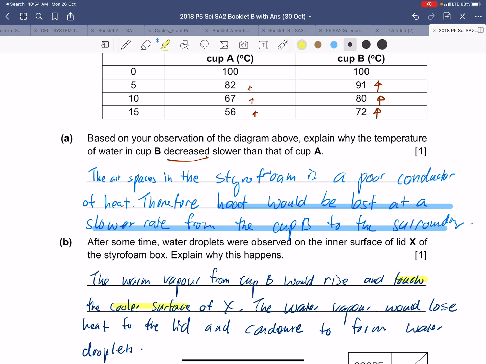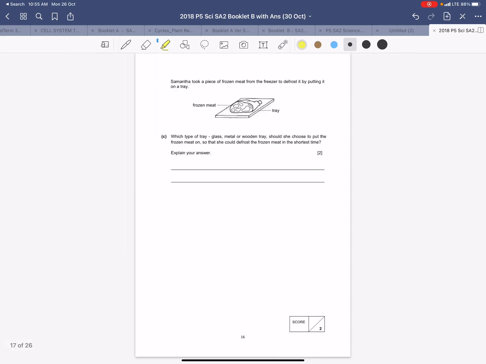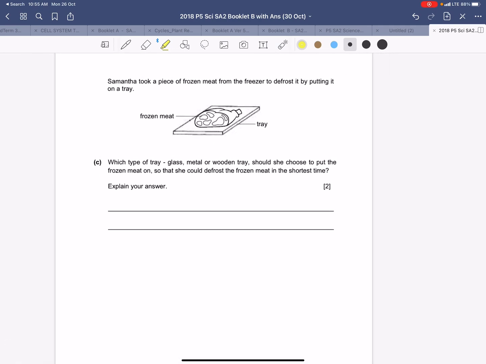And then I need you to talk about losing the heat to where? Remember? So to the lid. And then I need you to tell me condense to form water droplets. So these are the few points that you have to include whenever you are talking about condensation. Moving on.